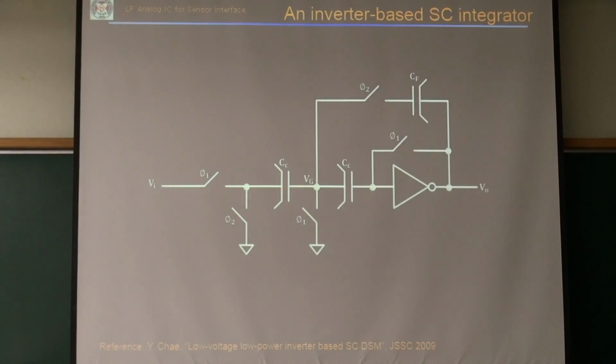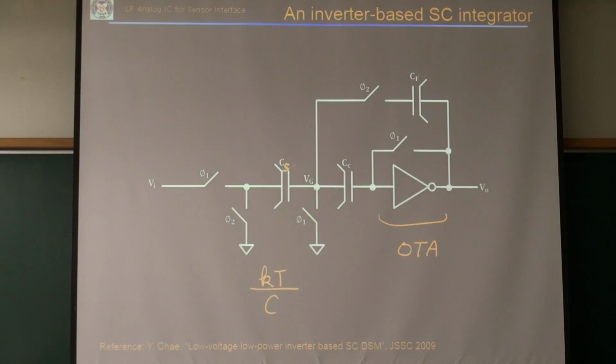Okay, then let's talk about the inverter-based switch capacitor integrator. Because we have only this inverter instead of an OTA, it will reduce power significantly, all right? So I have some switches, and then those thermal noise will be determined by something like that.